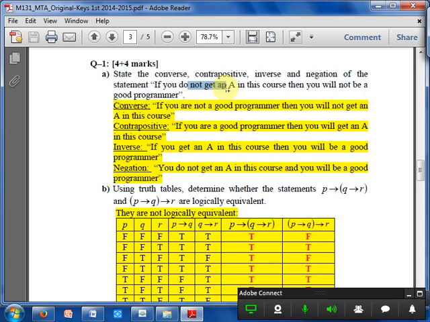P is you are not a good programmer; not P is you are a good programmer. So if you are a good programmer, then not Q: then you will get A in the course.